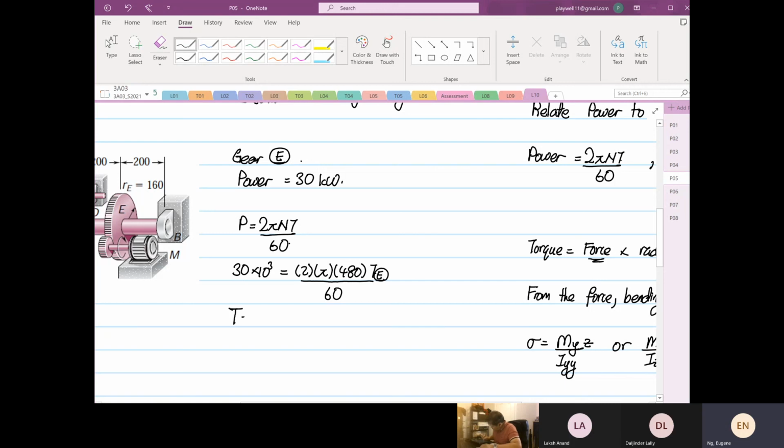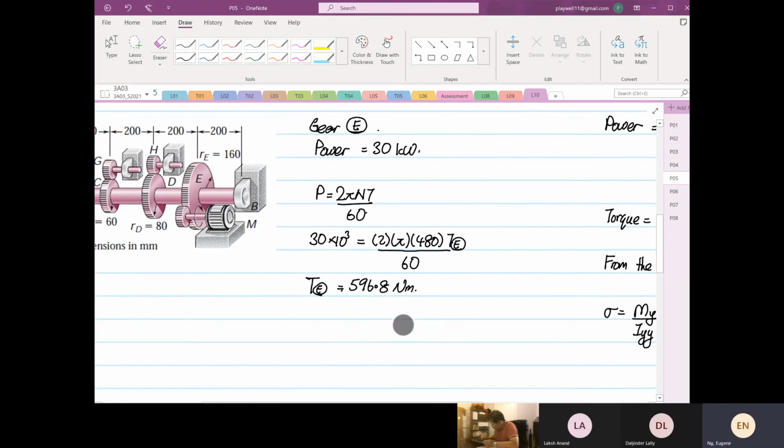So the torque at gear E is equal to 30 times 10 to the power 3 times 60, divided by 2 pi times 480. So it's equal to 596.8 Newton meter.